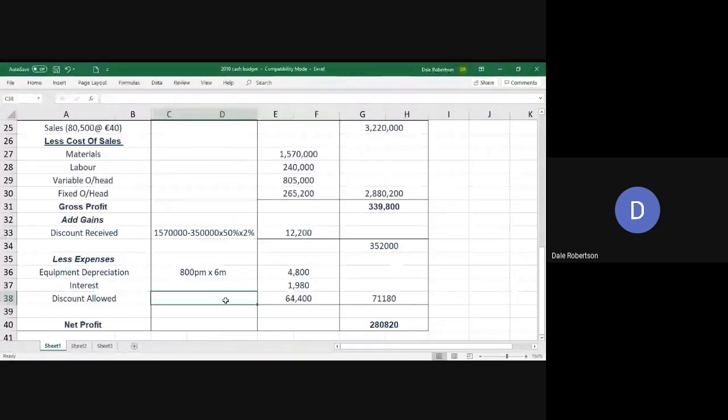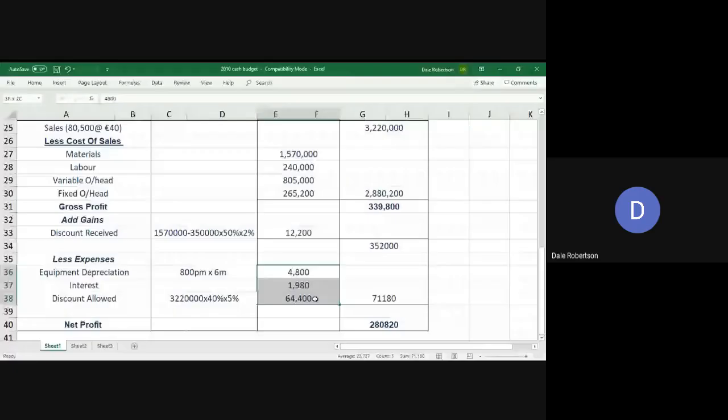And if you refer back to the very top of the question, we have sales of 3,220, but of course we only allow discount on 40% of that because those are the people who pay immediately, and we give them 5% discount. So if you take your 3,220 and then you multiply by 5%, you will get 64,400. That's our expense called discount allowed.